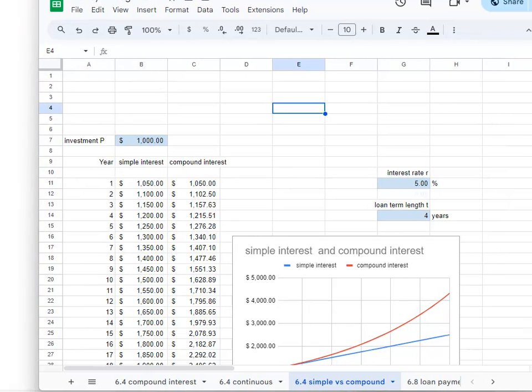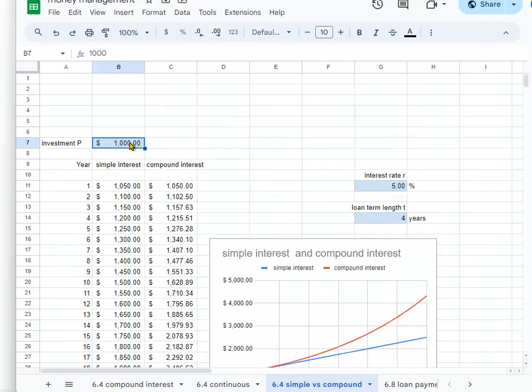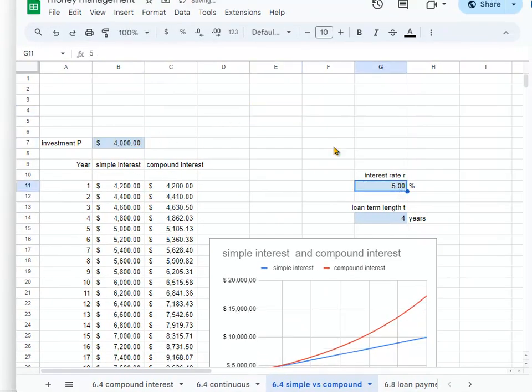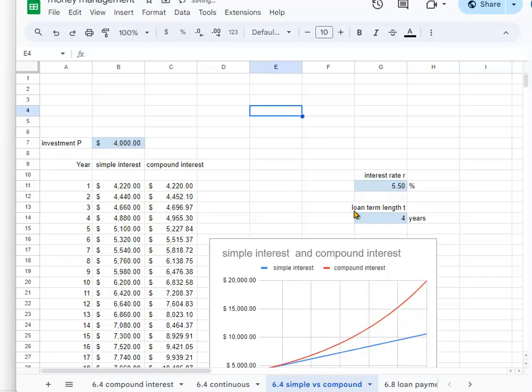And again, if I put that here, what was it again? 4,000, right? 5.5%. There we go. And there is that after 4 years, $4,880. By the way, in my little spreadsheet here, I cannot use the 5.5% for the calculation. I have to use the decimal, which is 0.055.